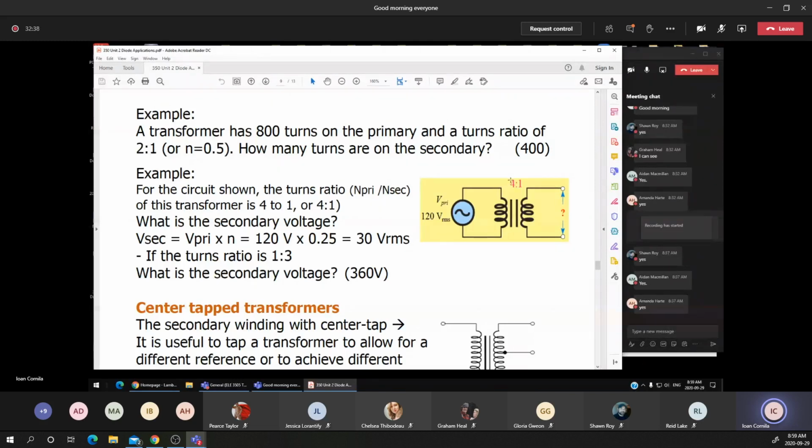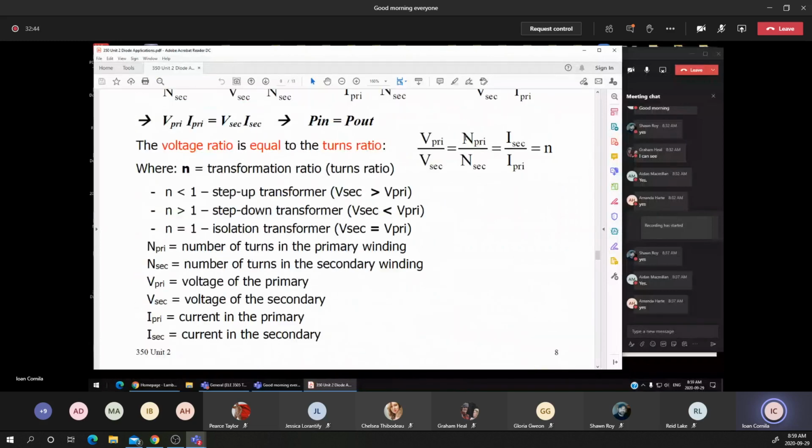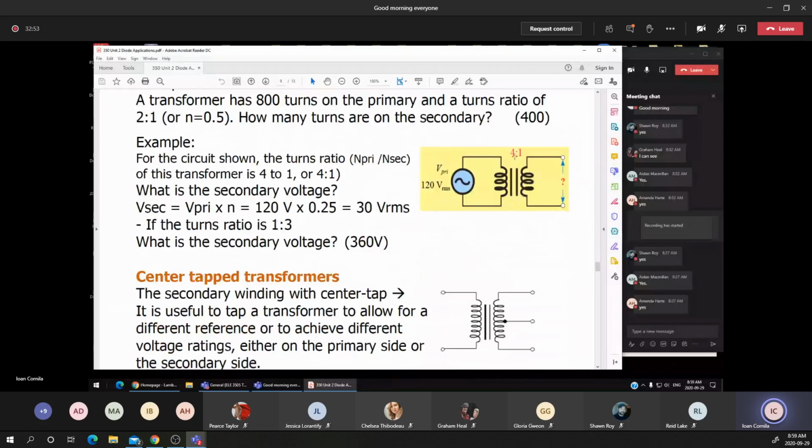Actually, what does this turn ratio mean? Going back to this equation, the number of turns in the primary over the number of turns in the secondary. Remember that 4:1 means that for 4 turns in the primary, I have just a single turn in the secondary. That's a 4:1 ratio.